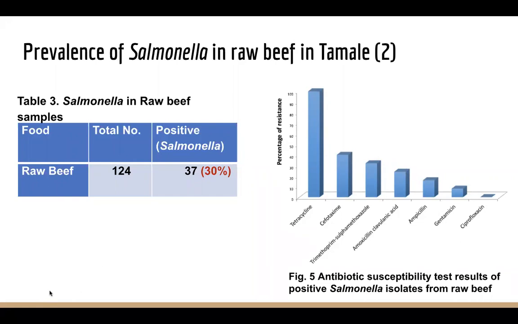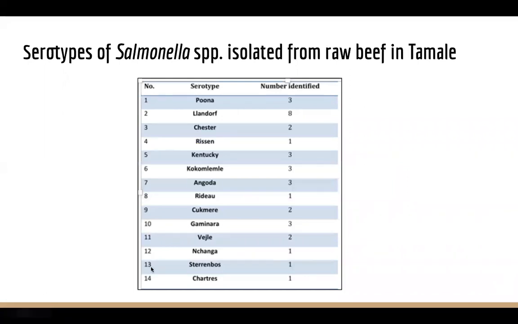Next slide, please. So we have different serotypes of salmonella, about 2,000 types of serotypes of salmonella. In this salmonella that we isolated from meat from Tamale, we try to serotype it to see the different types of serotypes that we have. We had very diverse types of serotypes, some of which were first found in Africa.